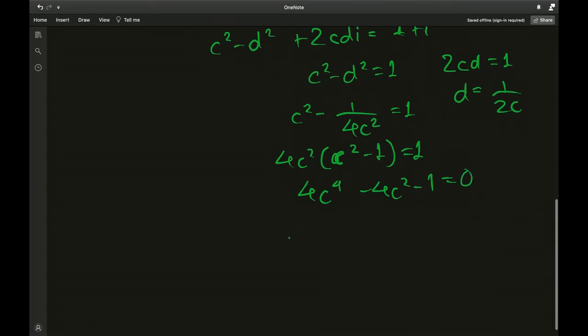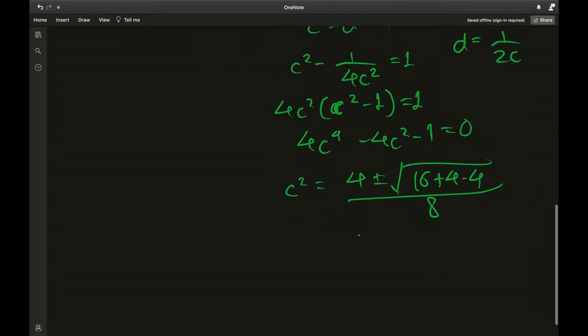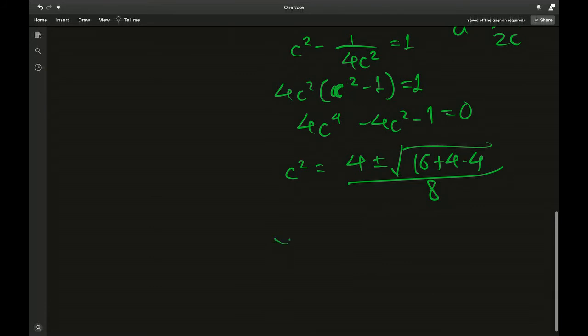Now use the quadratic formula. c squared is nothing but 4 plus or minus square root of 16 plus 4 times 4 divided by 8, 2 times 4. c squared will become 4 plus or minus 4 root 2 over 8, which will be 1 plus or minus root 2 over 2.